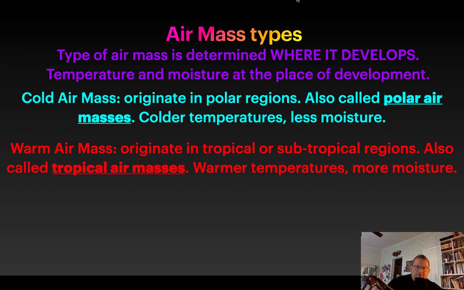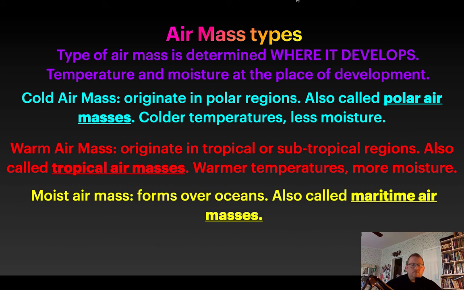Generally, most tropical air masses are warmer temperatures, and they have more moisture. Usually. Now, when I say usually for both of those, this is why. There's a moist air mass we call a maritime air mass. If that moist air mass forms over the oceans, which is where it gets its moisture from.